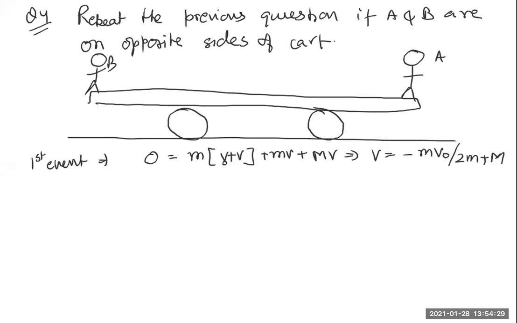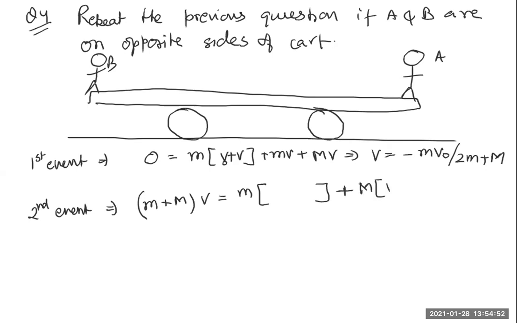Same as the previous. Second event, the initial momentum will be equal to this. बस यहाँ पे क्या चेंज आएगा, माइनस V0 प्लस V dash.